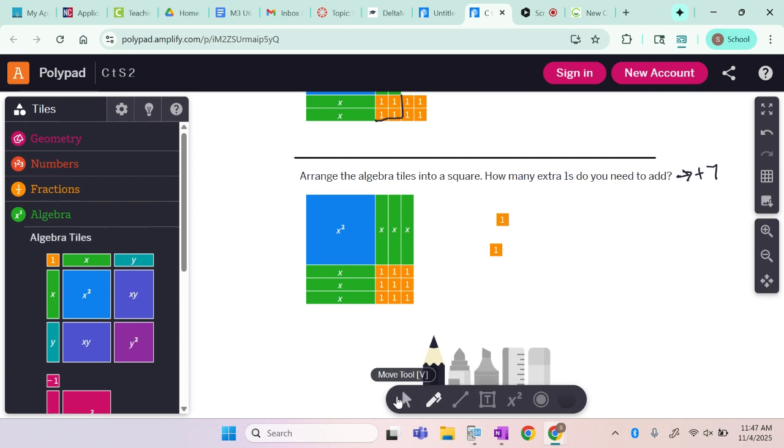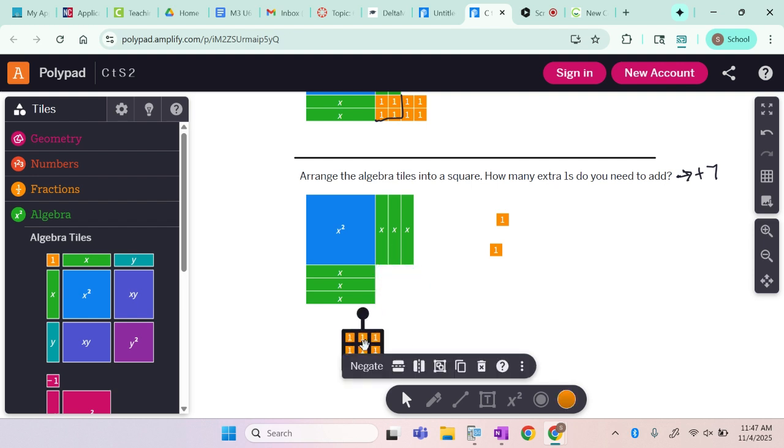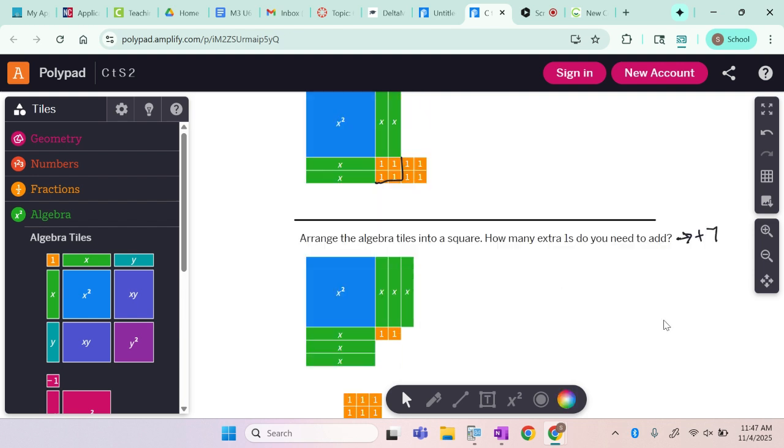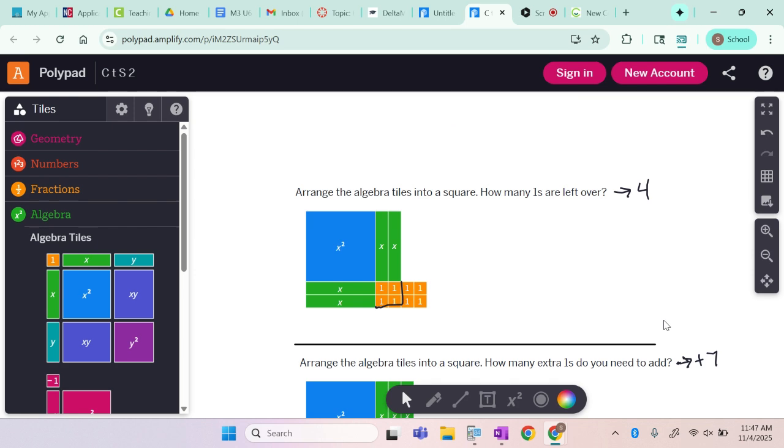Now, let me explain to you how completing the square works. All right, so I'm going to move these out for just a second. I'm going to put my 2's here. All right. So let's look back at our first one. So whenever you want to complete the square, I'm going to draw a line.